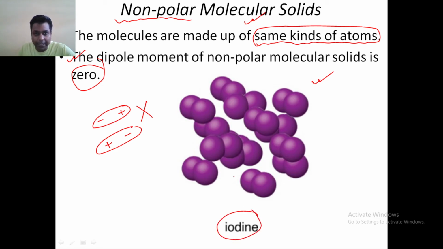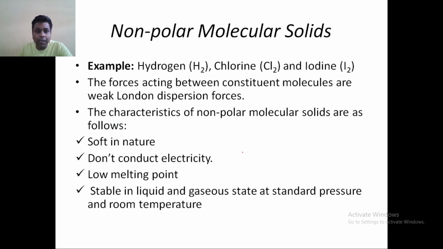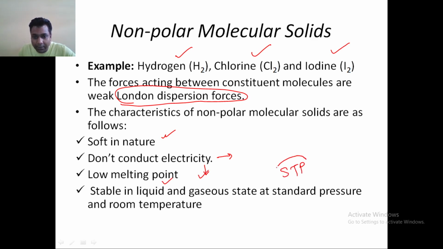Iodine molecules are made up of the same atoms, and there is no polarity in them. Some examples are the hydrogen molecule, chlorine molecule, and iodine, and the forces between them are London dispersion forces. The characteristics are that they are soft in nature, do not conduct electricity, have a low melting point, and are stable in liquid and gaseous state at STP, standard temperature and pressure. Means at standard temperature and pressure, they will exist as a liquid or as a gas.